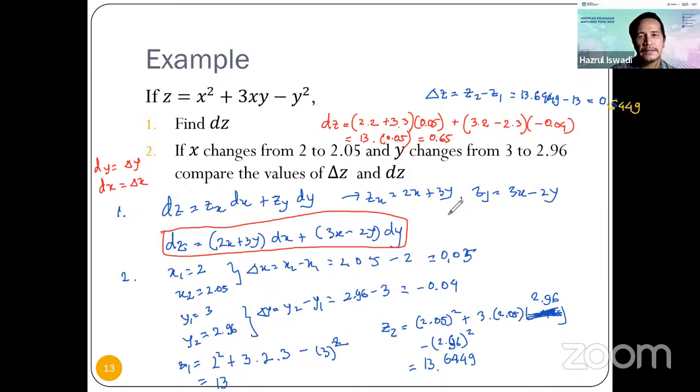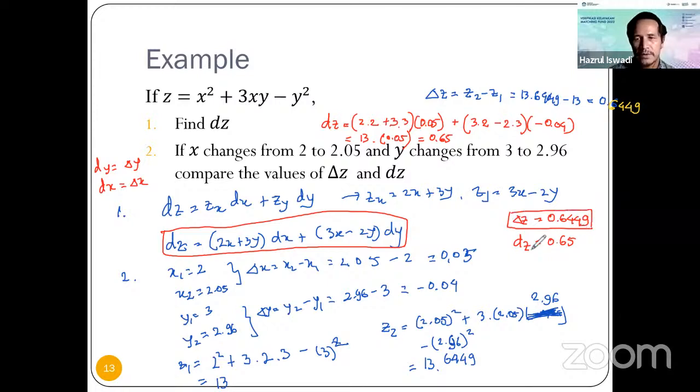This is the answer for dz. So you can see that the value of delta z is 0.6449, and dz is 0.65.